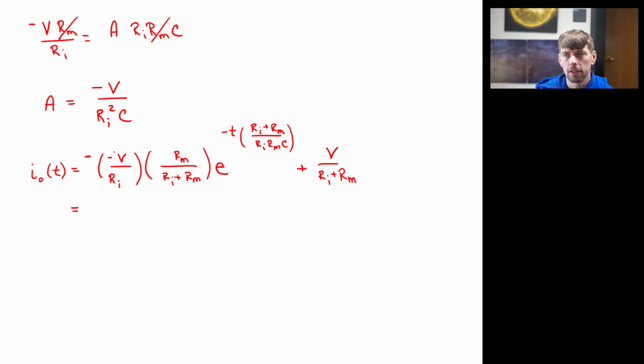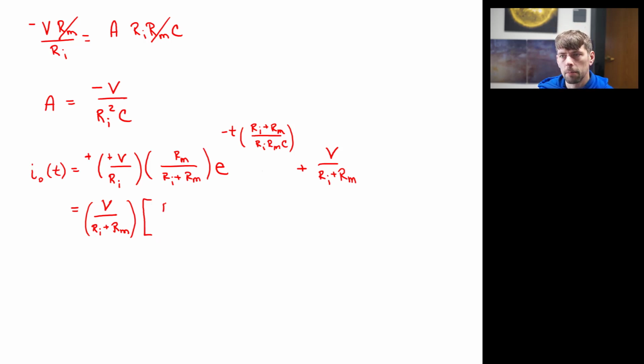You could say something like this, positive and positive. So you have a term V over Ri plus Rm. And it's always good to do this, because you notice this thing out front is in terms of amps. So everything that I put inside this square bracket should be unitless. So let's see, what do we get?